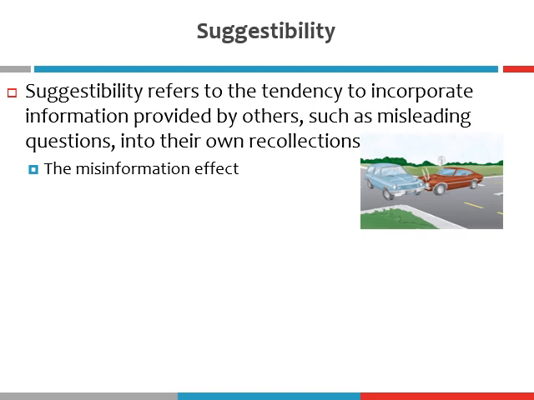So in one of the earliest demonstrations of this, Loftus and Palmer had people come into the laboratory and watch a video of a car accident, right? So they watched a video of a blue car running into a red car on a busy street.